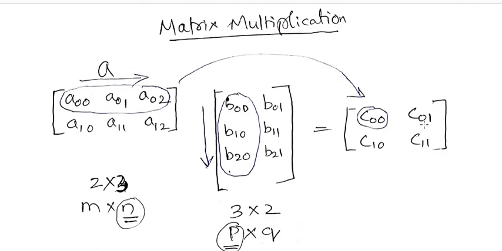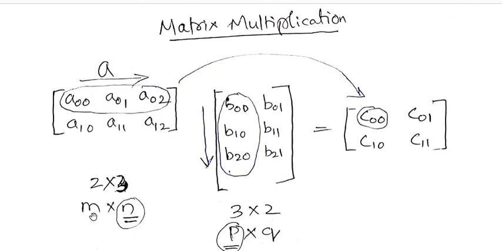And how do we calculate C01? If we multiply the first row with the second column, with the same multiplication rule, we get C01. How to calculate C10? The second row into the first column gives C10. The second row into the second column gives C11. So if you see here, when we multiply a 2 into 3 matrix with a 3 into 2 matrix, we end up with a 2 into 2 matrix.